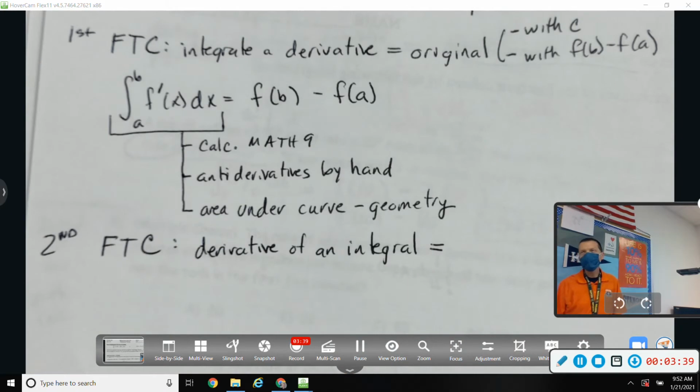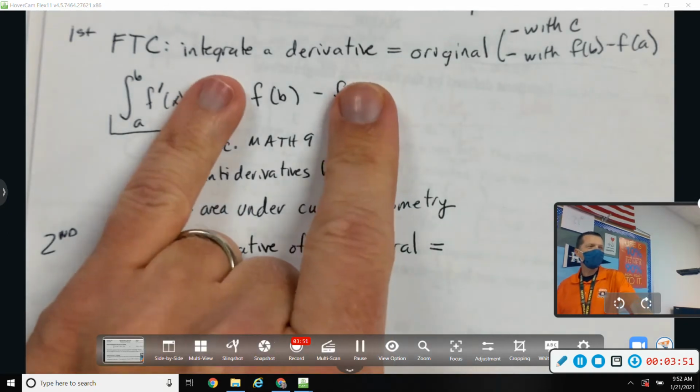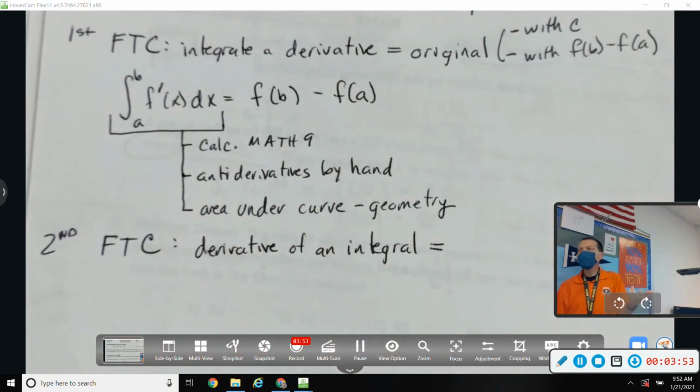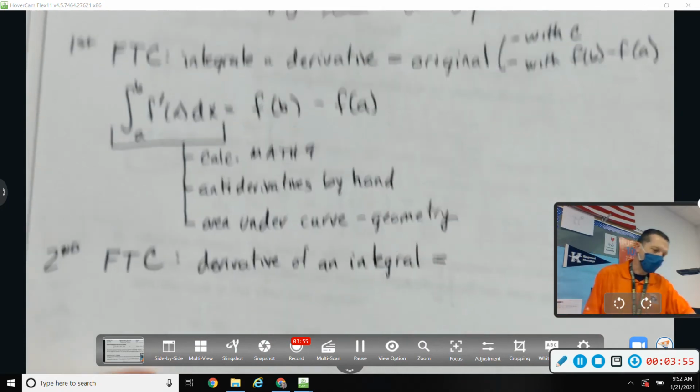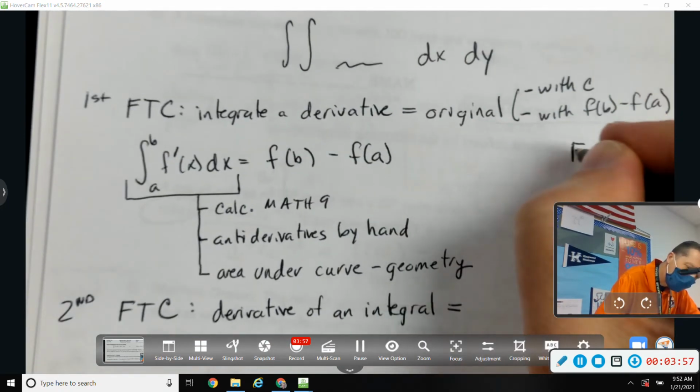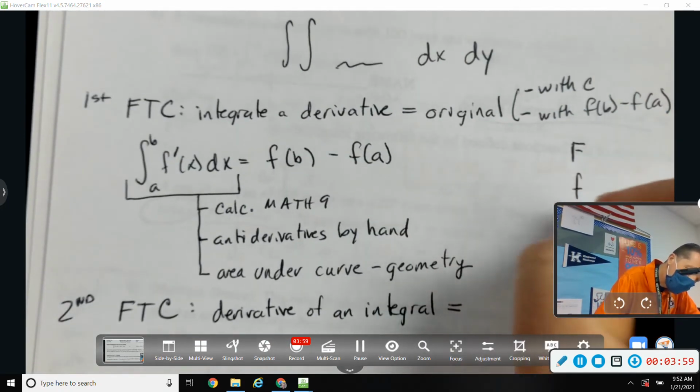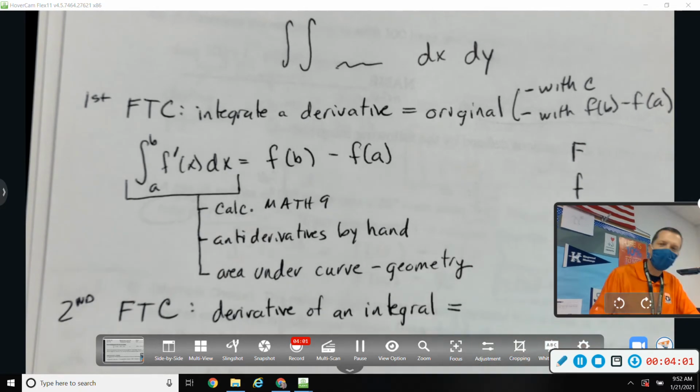Well, if you integrate a derivative and get back to the original, what do you think happens if you take the derivative of an integral? Integrals and derivatives, you get back to the original. We're kind of just going on our little chain, our progression here.